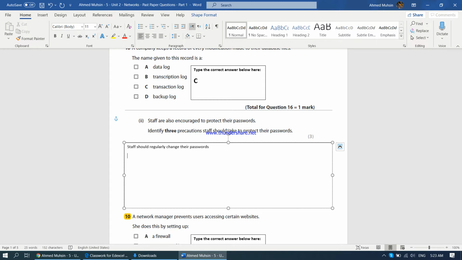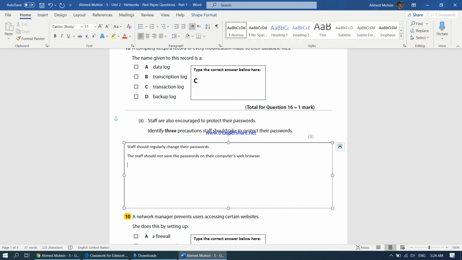Second, we could say that the staff should not save the passwords on their computer's web browser. Sometimes when you go to your web browser and you type your email and password, a pop-up appears asking, do you want to save password? So it's recommended you do not ever save your password, because you do not know who is going to use the computer after you.